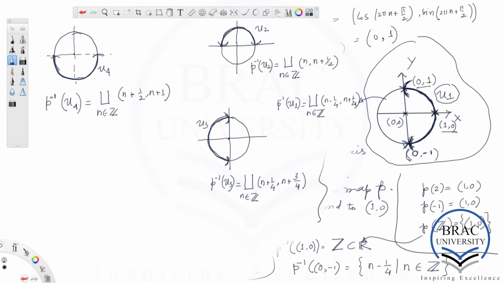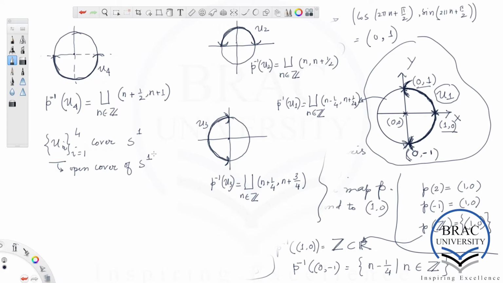All right. Now, the important thing to note is that these 4 open sets cover S1. In other words, this is an open cover of S1. So if you pick any point on the unit circle, that is going to be in at least one of these open arcs in S1.